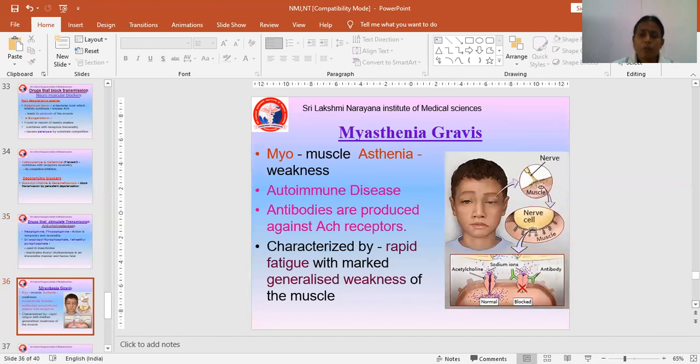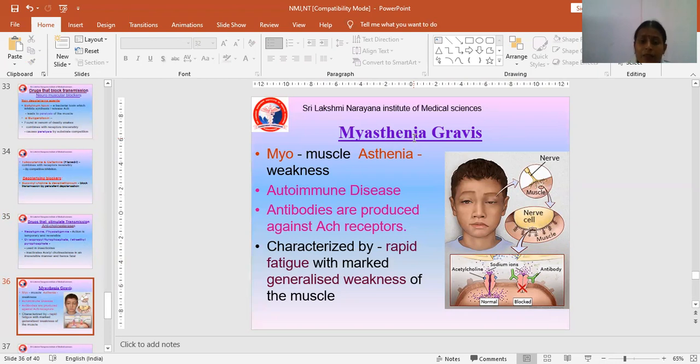The next important one is myasthenia gravis. Myo means muscle, asthenia means weakness. Myasthenia gravis is an autoimmune disease. In this condition, autoantibodies are produced against acetylcholine receptors.